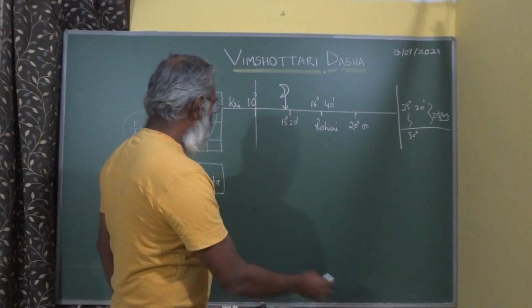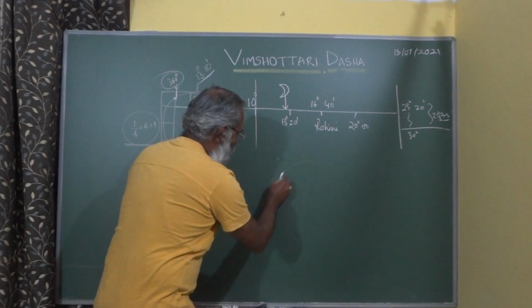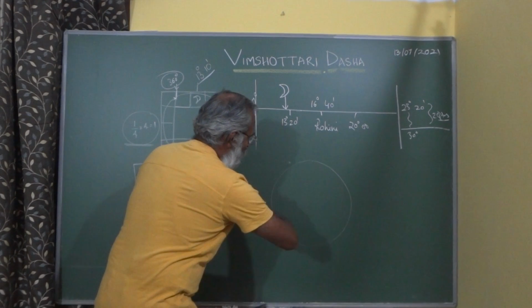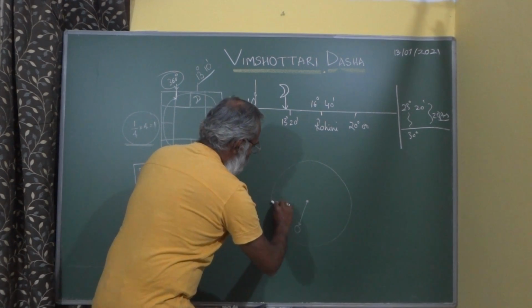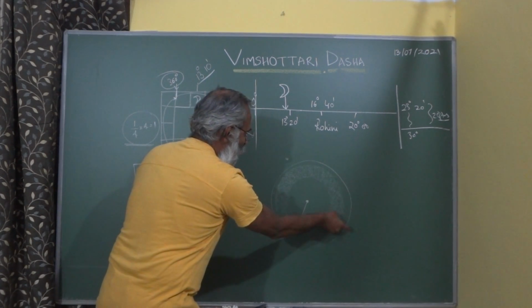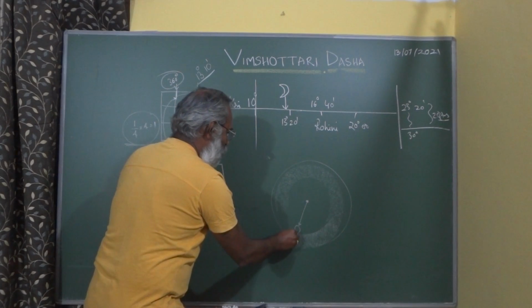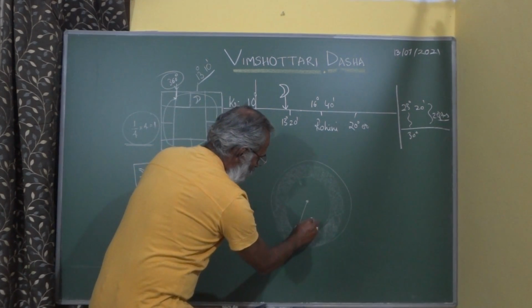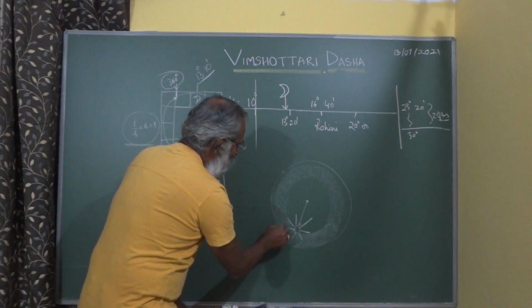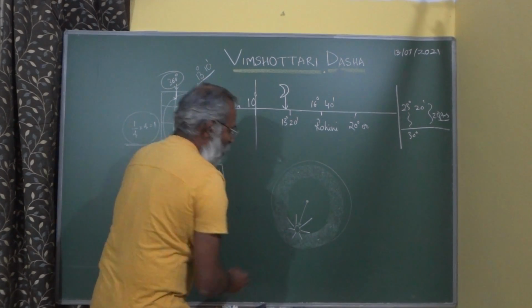So let us say why we are taking the Nirayana system: let us say this is our galaxy and we are somewhere here from the center. So the star pattern of our galaxy is what we see at a particular angle, and this is fixed.